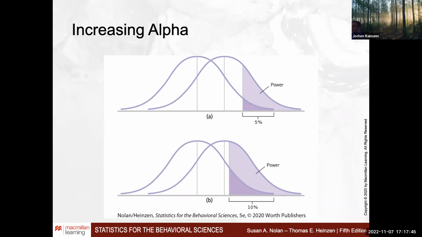That's your alpha. This is your leftover power, the true statistical power of your hypothesis test. So an increase of alpha is quite efficient to increase your power, but it's very debatable.